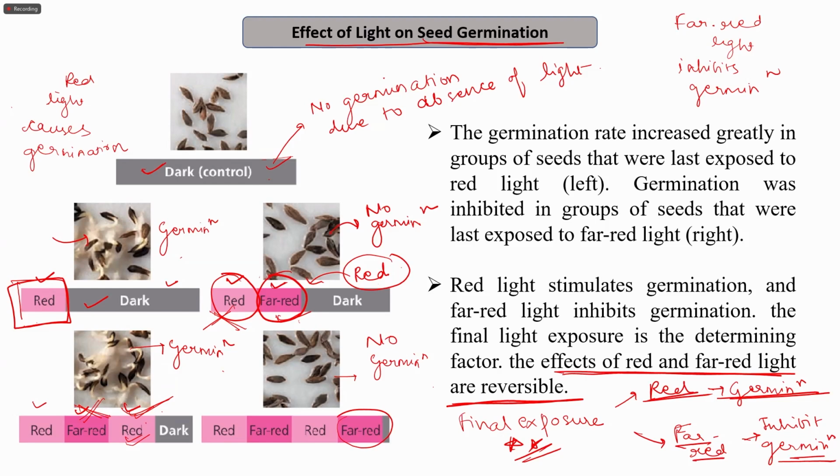No matter how many times you expose it to red light and far red light, it is always the last exposure that will decide whether the plant will undergo germination or not, because the effects of red and far red light are reversible with respect to each other. So if in the question it is shown that red light is the last exposure, we have to mark that yes, the plant can undergo germination.